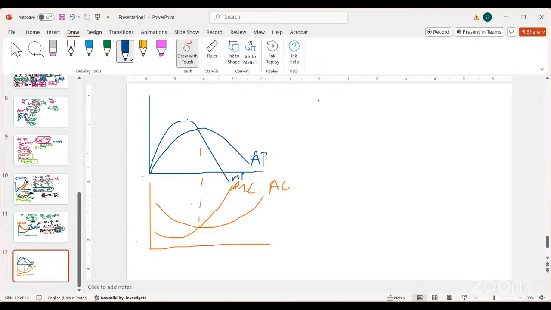Now let's look at what the average cost is. The average cost is the total cost, which will be WL plus RK in the case of the two-input case, divided by Q. So that is the average cost.